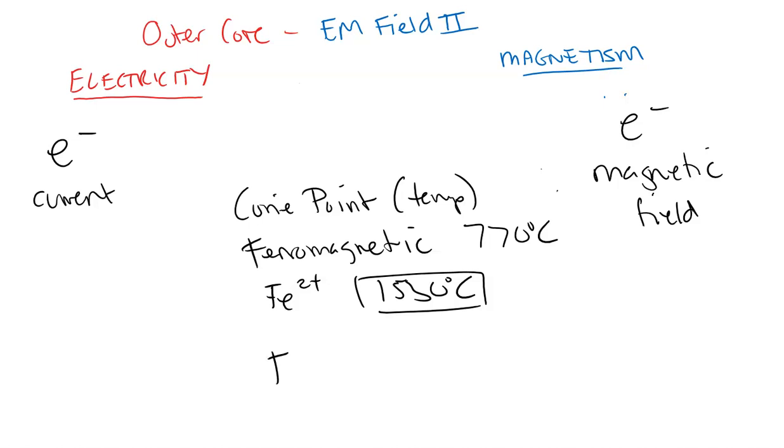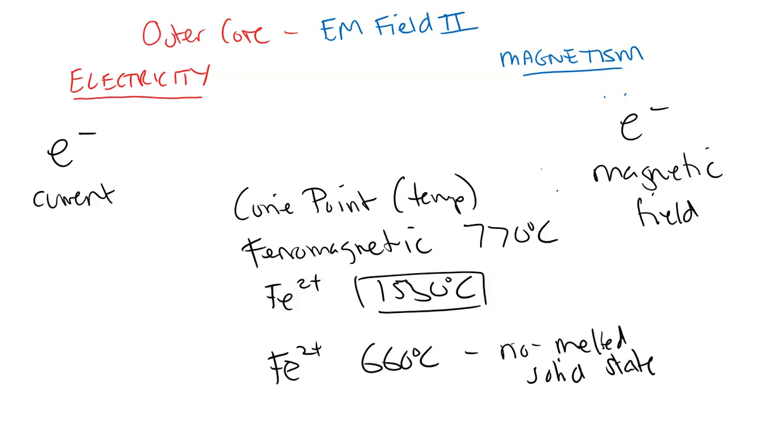However, if the iron was at 660 degrees, let's say, then it's still in its non-melted solid state. What we have is it's magnetic. So what is it?